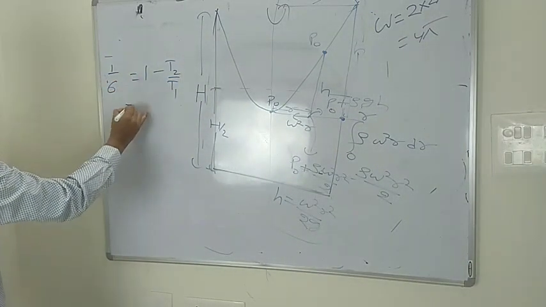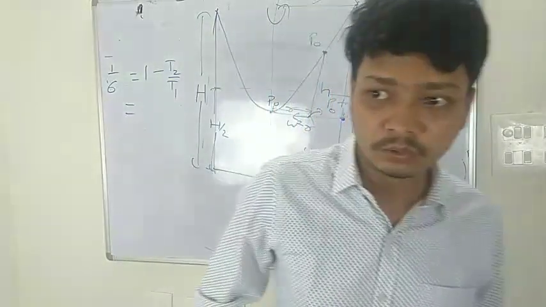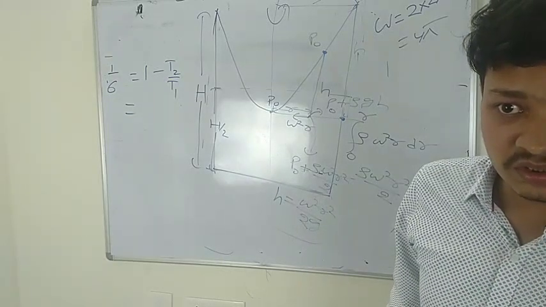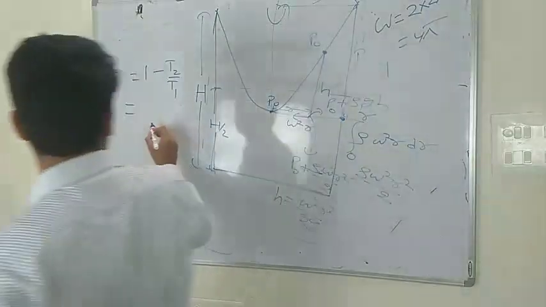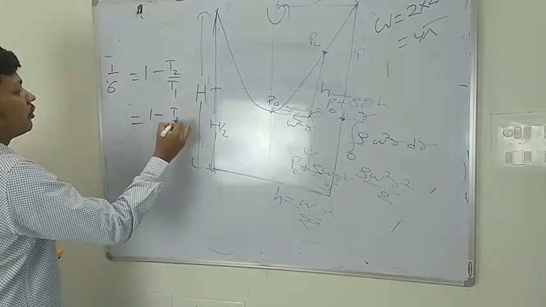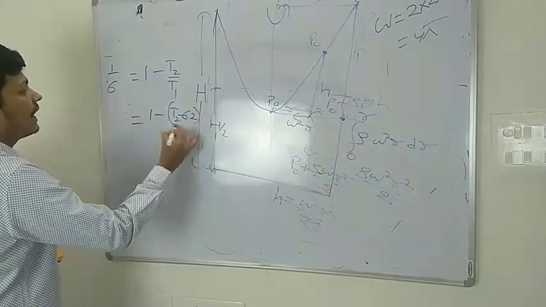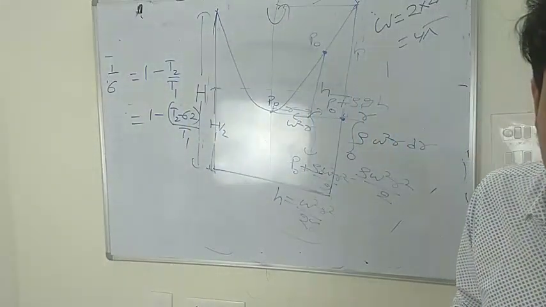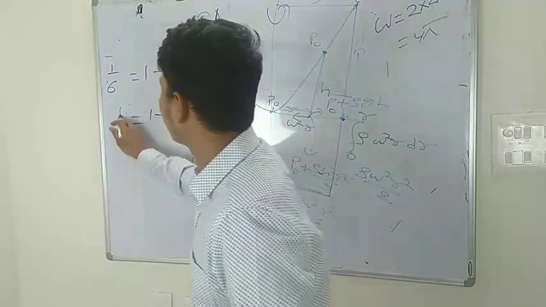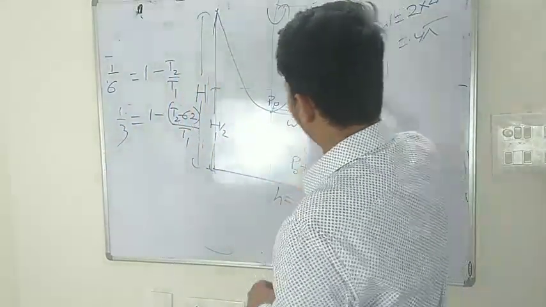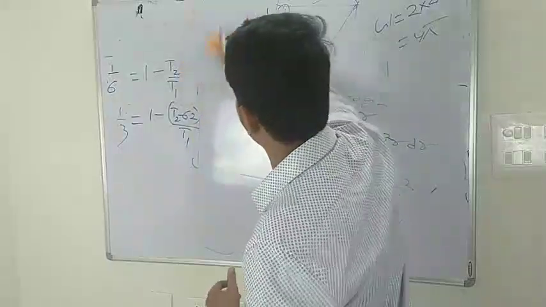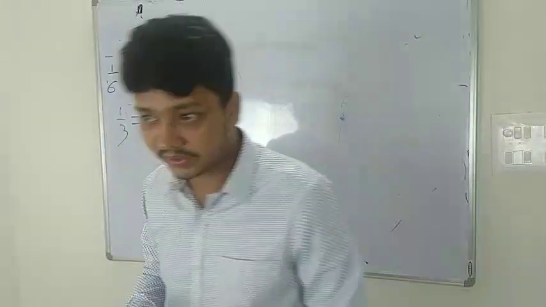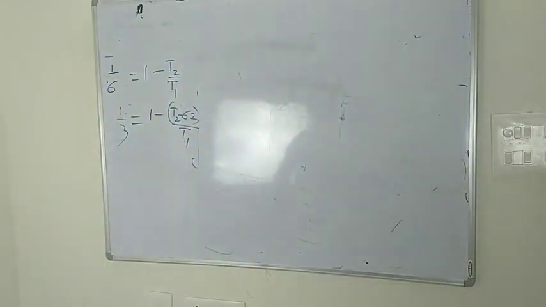When T2 is lowered by 62 Kelvin, T2 minus 62, the efficiency becomes 1 by 3. Solve these two equations and you will get your answer. Next question.